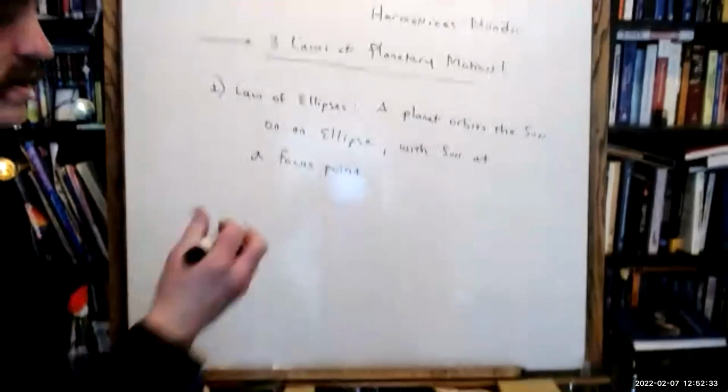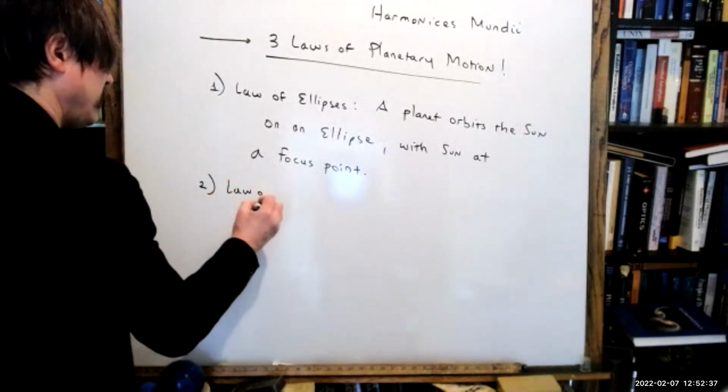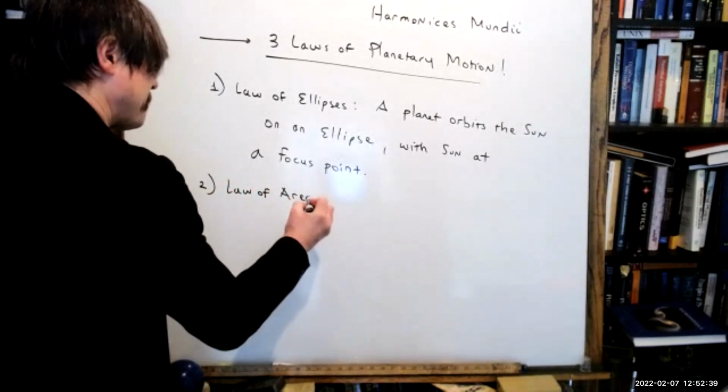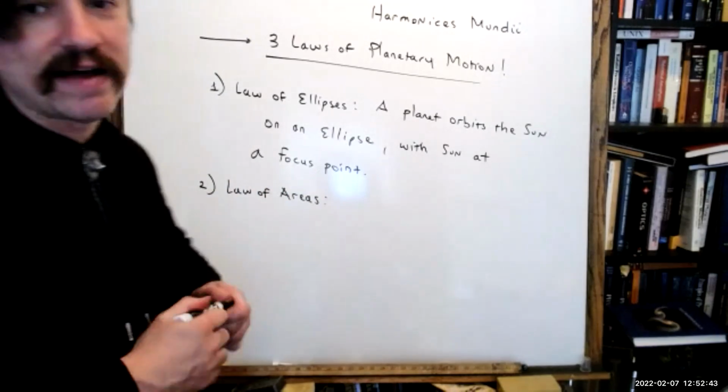The second law of Kepler is called the law of areas. And it tells us something about how a planet travels around the sun with time.